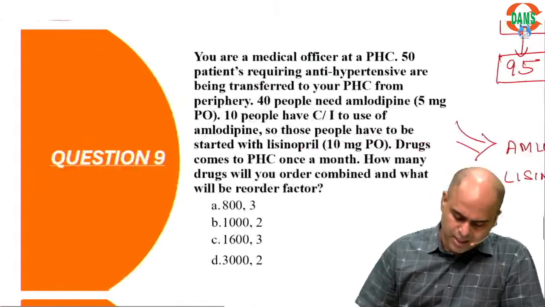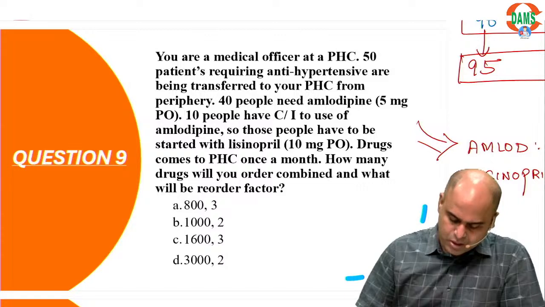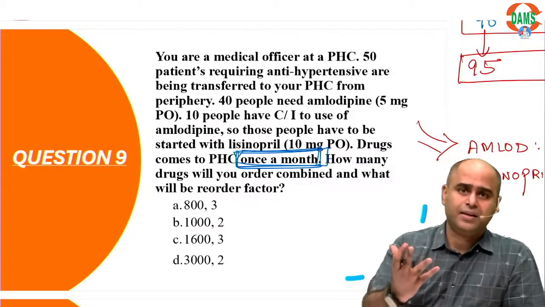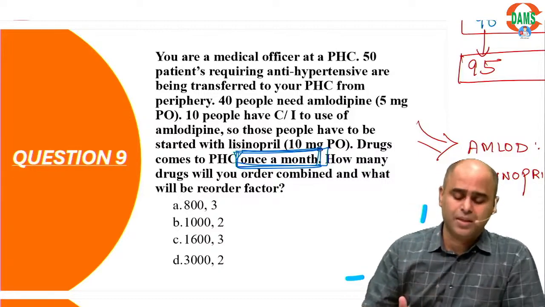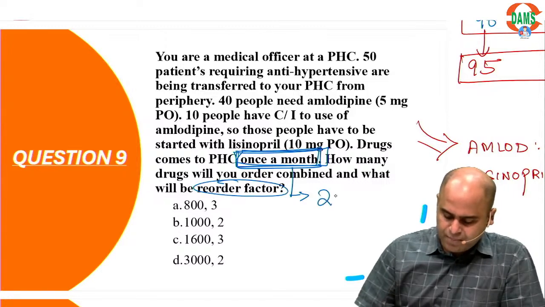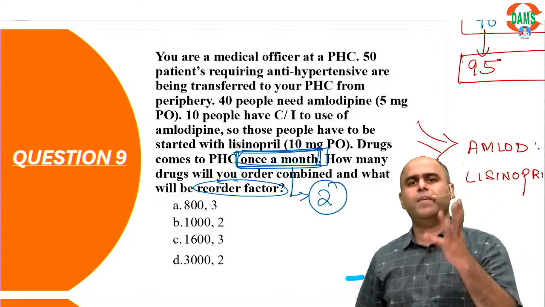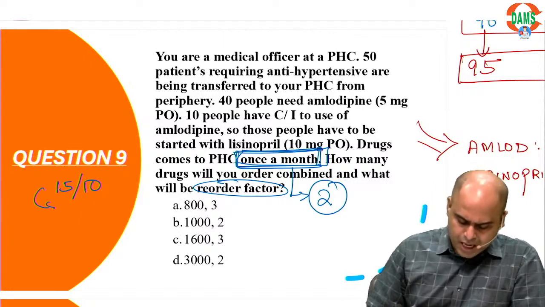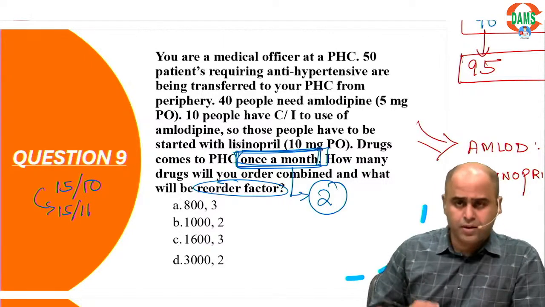Now you can see over here it says once a month. When we talk about once a month, the reorder factor for every month is 2. Now what do I mean by a reorder factor? Imagine I ordered medicines on 15/10, they came. I ordered medicines on 15/11, they came.